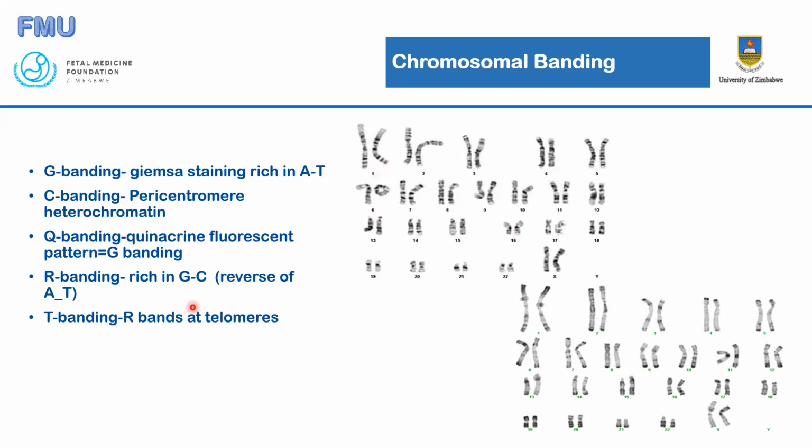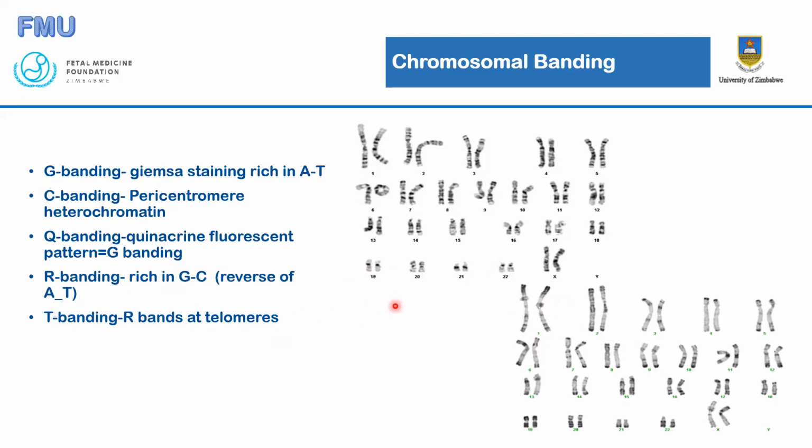The R banding intensifies the guanine-cytosine bases. So what you see here is the R banding, and the black stuff is that part of the chromosome that is rich in guanine and cytosine. Then we have the T banding, where it's more of the R bands at the telomeres.